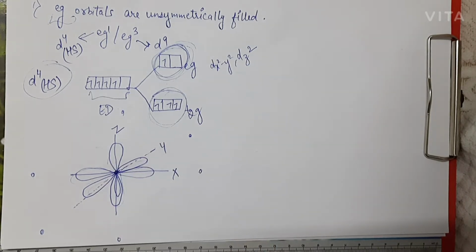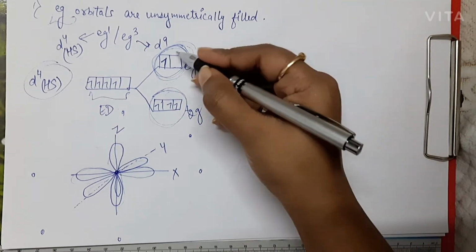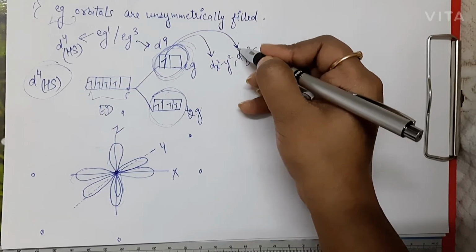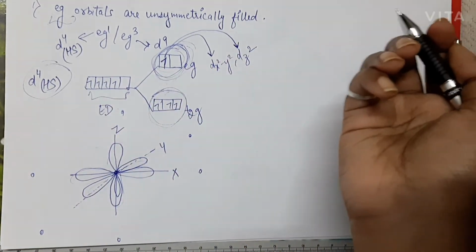Now what will happen? Here we have 1 electron, right? So this electron can either be in dx square minus y square, or dz square. Why? Because both the orbitals have the same energy.